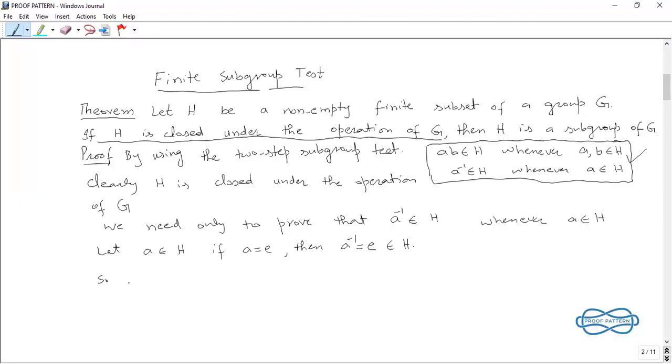But if A is not equal to the identity element, then consider a sequence: A, A squared, and so on. Because H is closed under the binary operation, we can multiply A by itself repeatedly and construct a sequence. Okay.